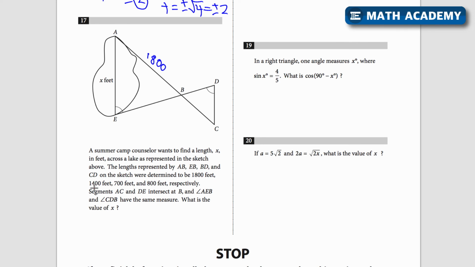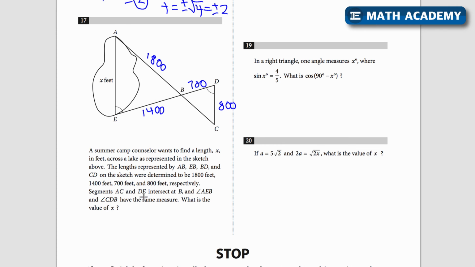EB is 1,400. And then BD is 700. And CD here is 800.